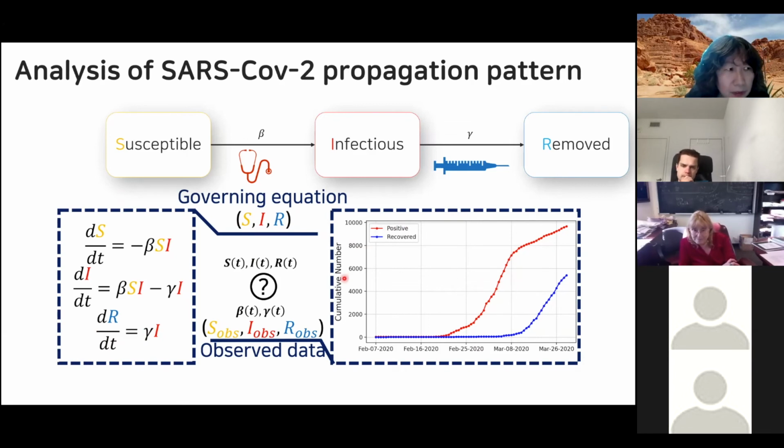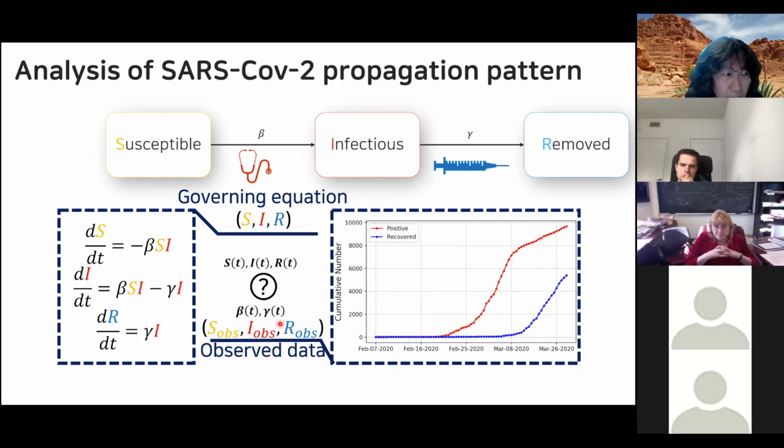However, we need to calculate not only S, I, R here, but also beta and gamma that can inversely explain this observed data. So we have to compute S, I, R and beta and gamma. Here the situation comes.